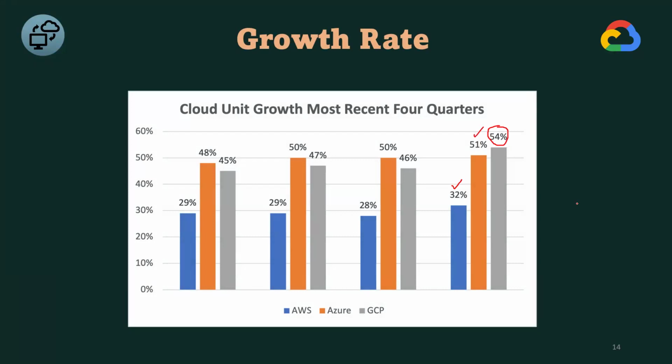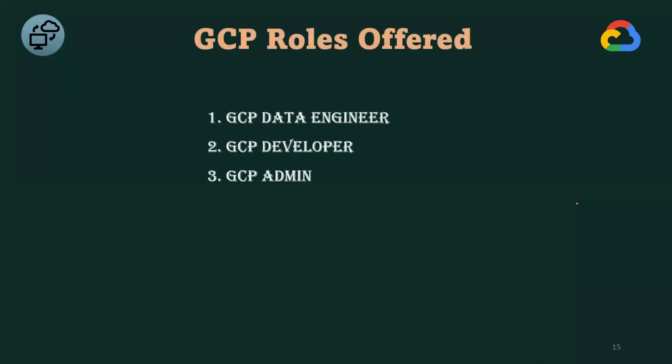When I say growth rate, I mean compared to last year, how many new people started using it, and how many new companies started using it. So that is what we call the growth rate, right? GCP has a very good growth rate, which means plenty of opportunities will be there.